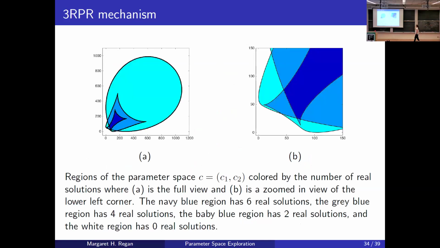Here's a picture of the discriminant locus. The white portion here has 0 solutions. Then we get 2 in the cyan, and as the color gets darker, we keep adding 2. In the dark blue region, we have that maximal 6 real solutions.